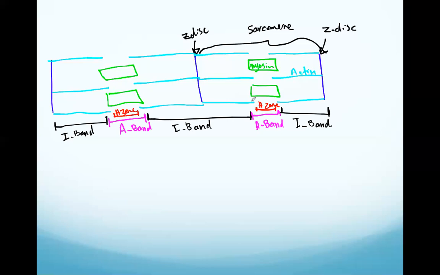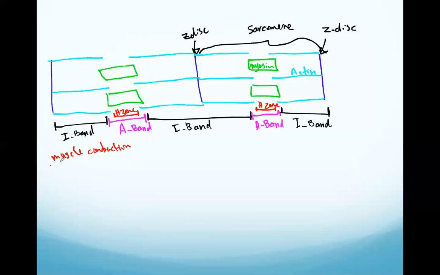A band during muscle contraction doesn't change because the myosin length doesn't change, right? All you're doing is increasing the overlap between these two proteins, but you're not really changing the length of the myosin.